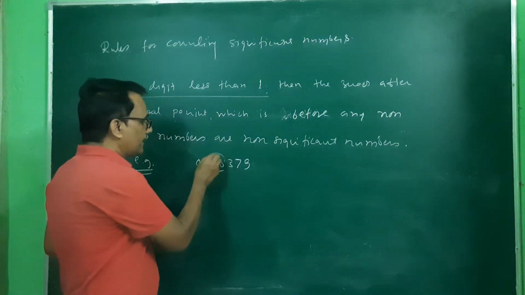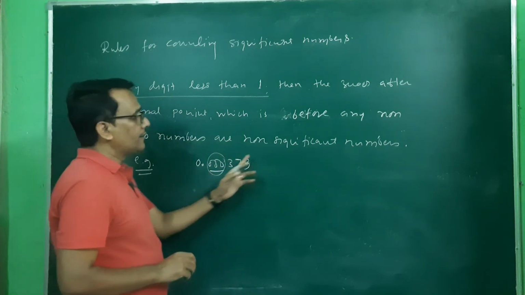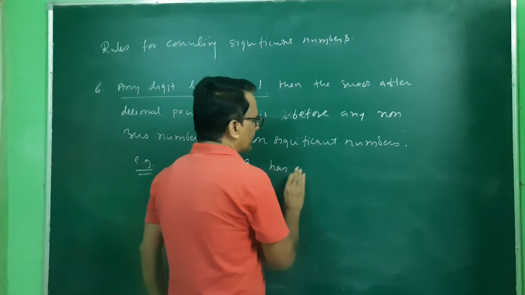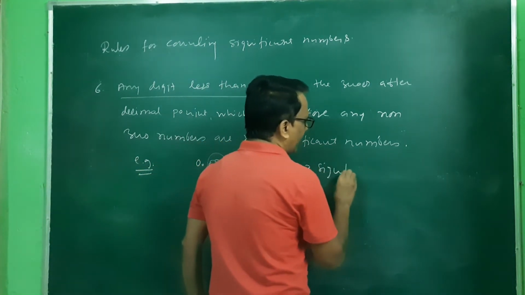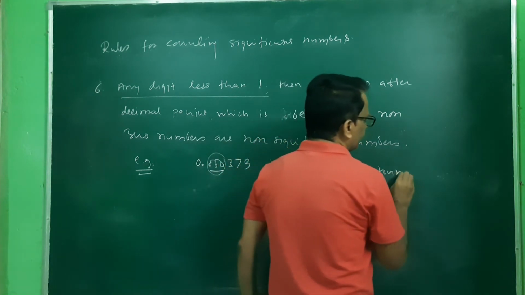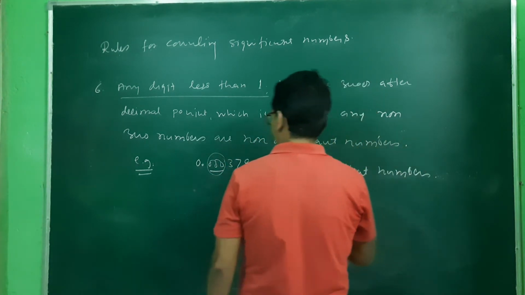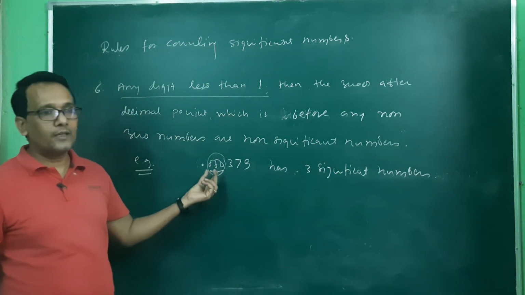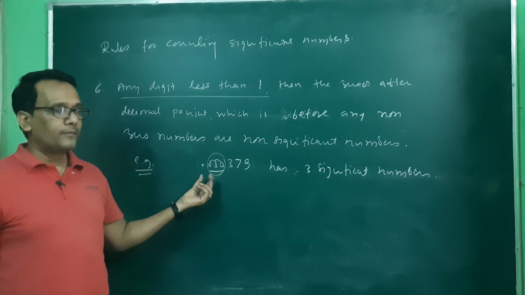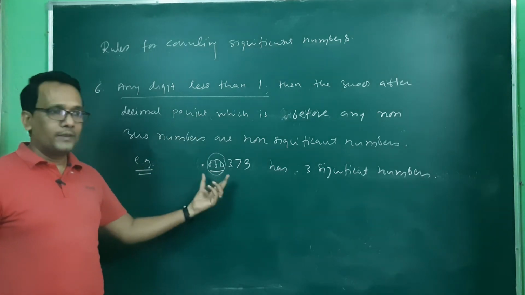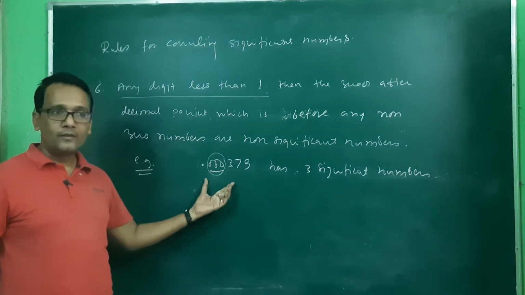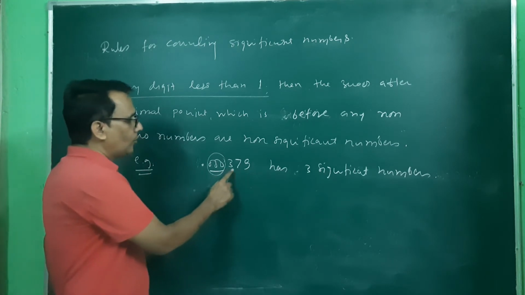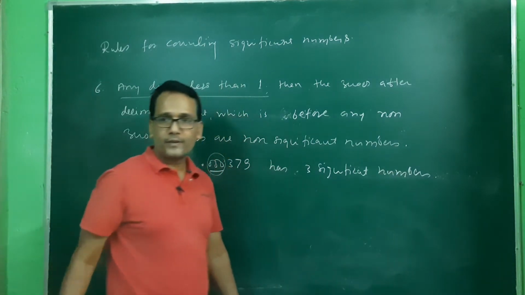And these three zeros, in this case, these are non-significant numbers. So it has 3 significant numbers. पॉइंट के बाद यहाँ पे 3 0 है, but this is not counted according to this rule, since it is less than 1. Significant number फिर 379 है. So here the significant numbers are only 379. So 1, 2, 3. So 3 significant numbers are here.